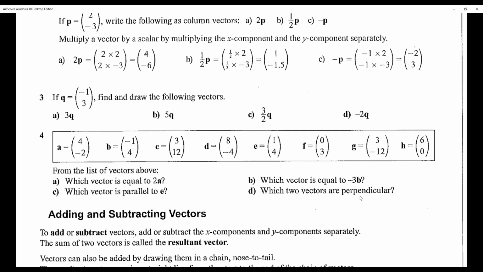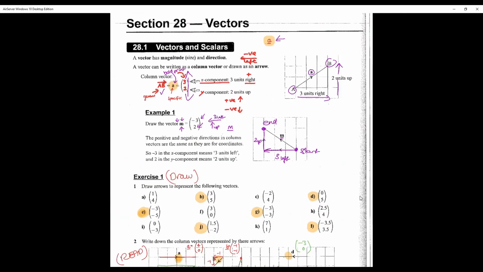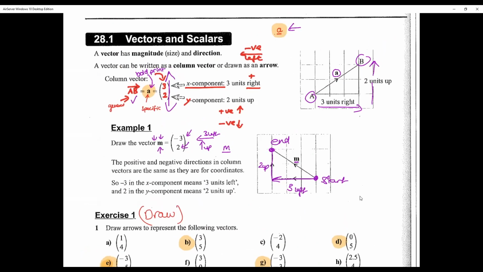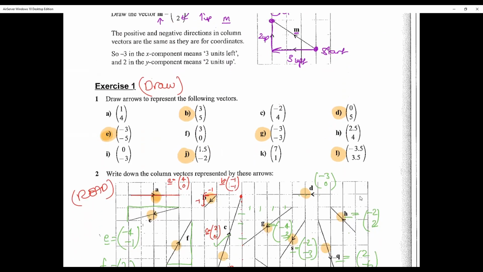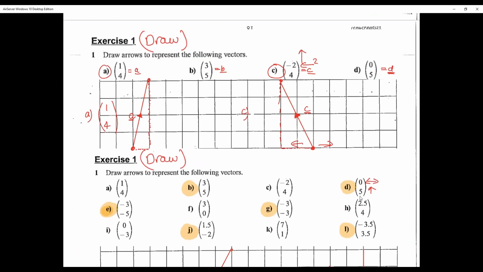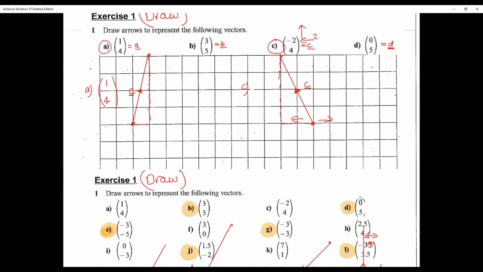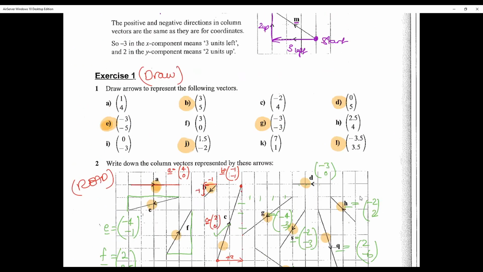Okay, now, let's have a quick recap of what we've done so far. We know how to set up a vector in column format, how to draw the vector. So exercise number 1, we got the column vector, we had to draw it. And then what we had to do was to read the vector.